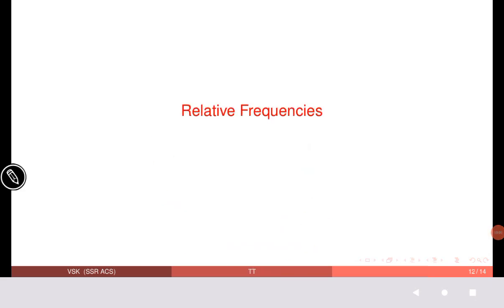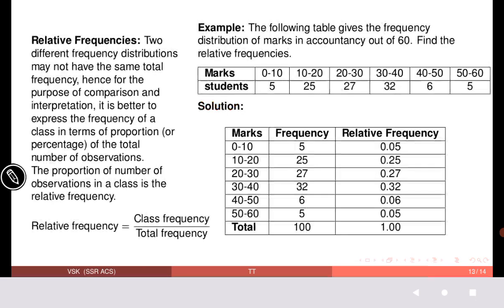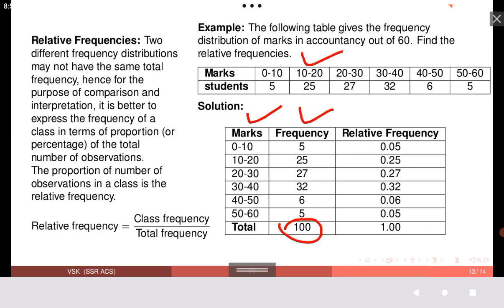Okay. Now the next topic is simply relative frequency. Let us see what is meant by relative frequency. First of all, we'll understand by example and then we'll see the meaning. These are the marks, class intervals are given, and these are the students. Marks is written over here, and this is written as frequency. For relative frequency, first of all we add all these frequencies and we get 100.